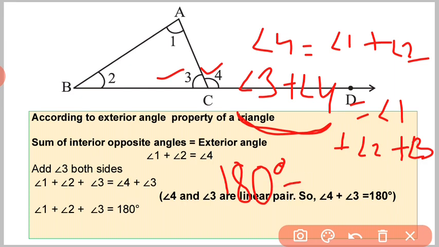So 180 degree is equal to angle 1 plus angle 2 plus angle 3. So we can see that the sum of all the interior angles of a triangle is equal to 180 degree, and this is angle sum property, and we verified it by mathematical proof also.